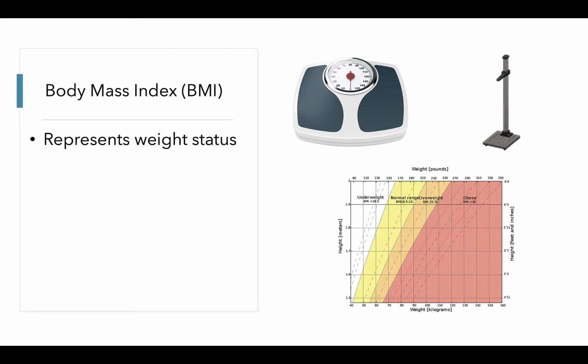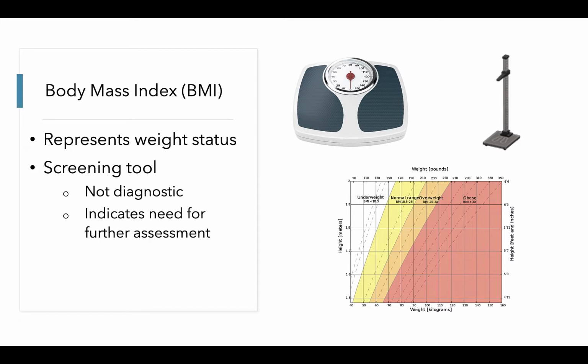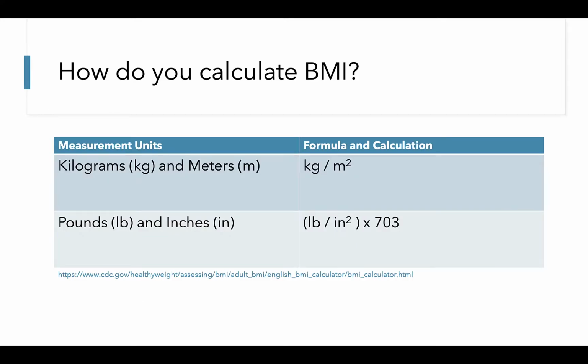This metric can then be classified as underweight, normal weight, overweight, or obese using standard thresholds as illustrated in this table here. BMI is a screening tool, not a diagnosis. It merely indicates the need for further behavioral and metabolic assessment to determine an individual's health risks and need for intervention.